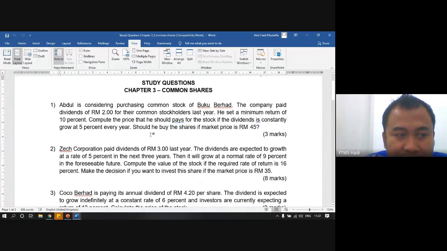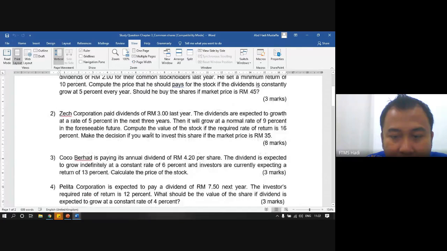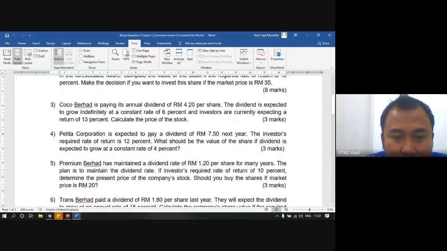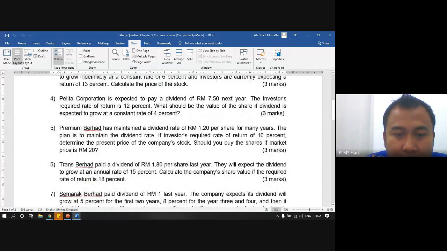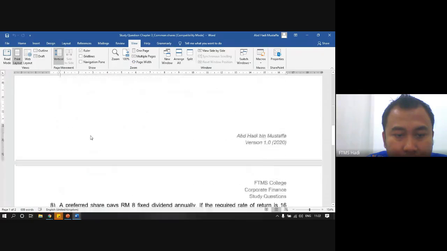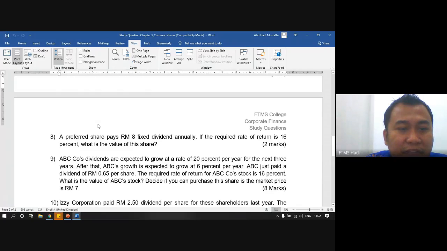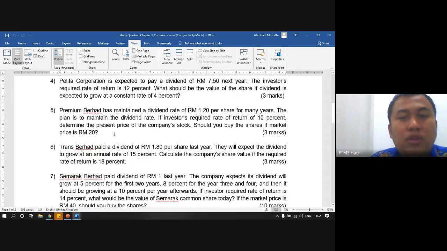The questions that require you to calculate using the first model will be question number 5, the first one. I will tell you why later on. And question number 8, and that's all. Question number 5 and question number 8 are related to the first model.